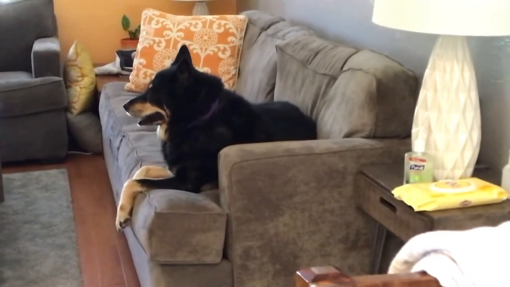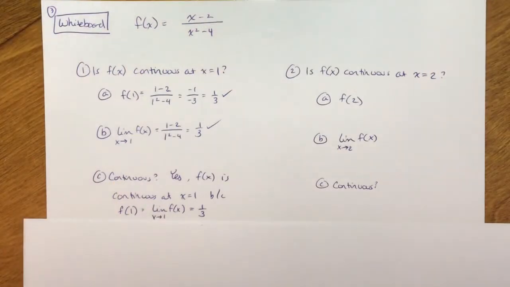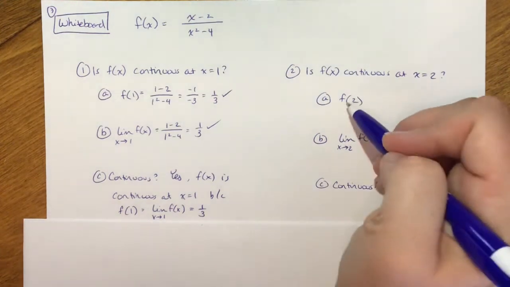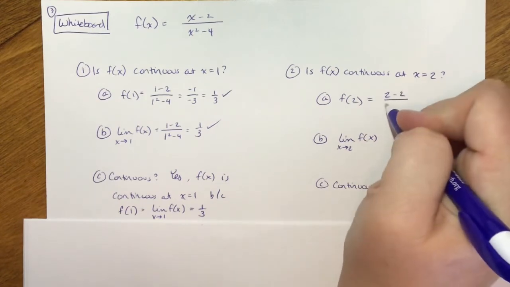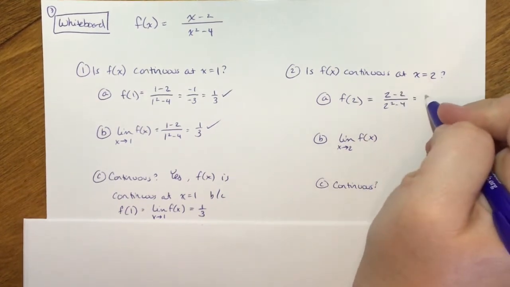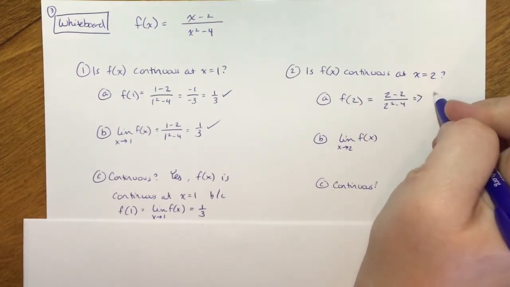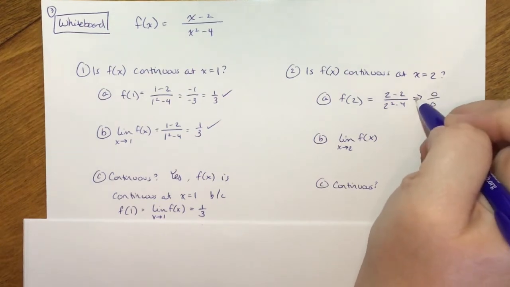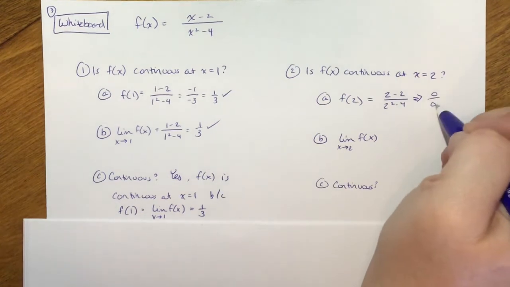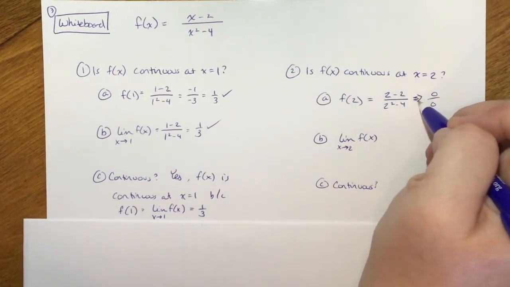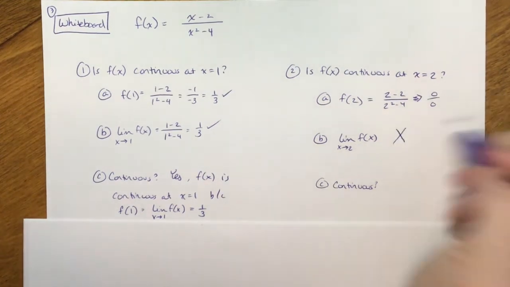Okay, so let's do the same check to see if it's continuous at x equals 2. So first of all, is it defined at f of 2? Let me plug in (2 minus 2) over (2 squared minus 4). Oh, it's not looking good. Now what we see is that we would get 0 over 0. Notice I'm not making it equal to 0 over 0 because nothing can equal this value because it's not defined. So I'm saying that it would imply that. So I'm not going to find the limit.